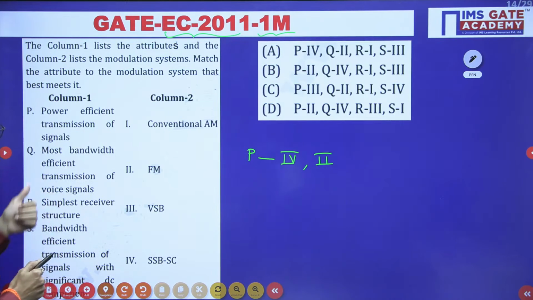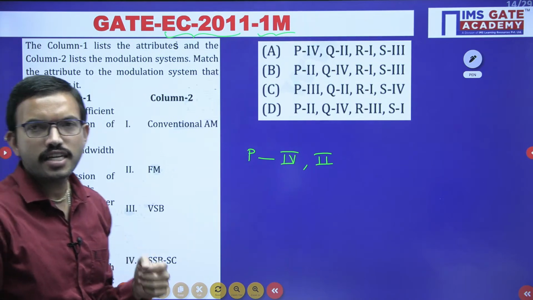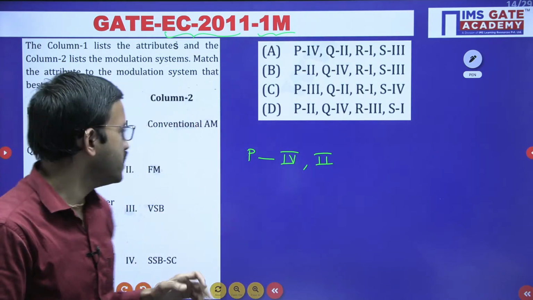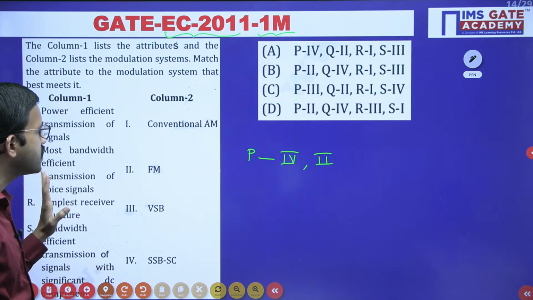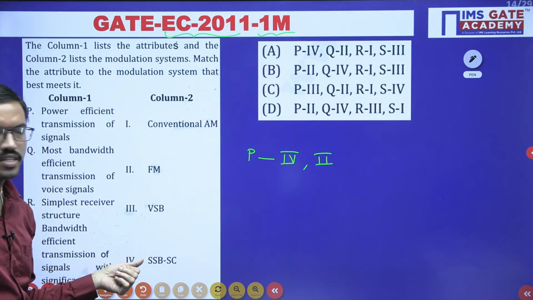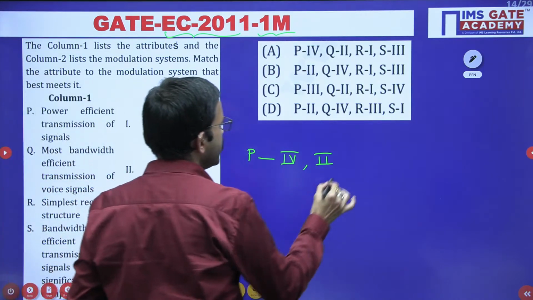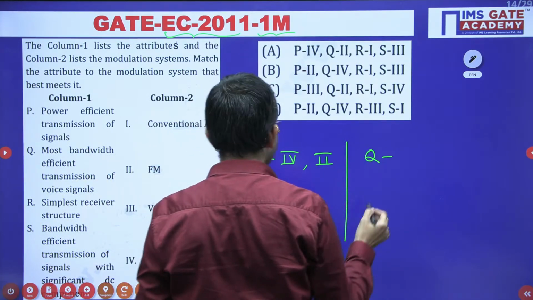Now just consider Q, most bandwidth efficient transmission of voice signal or speech signal. For transmission of voice signal or speech signal, we can use SSB-SC modulation, right? So regarding Q, it is matching to SSB-SC.